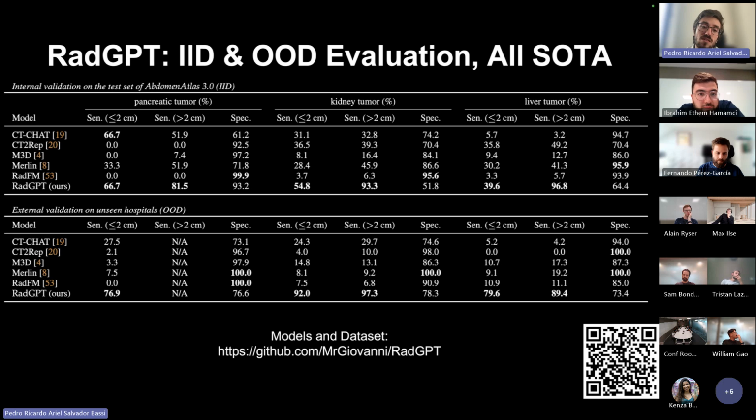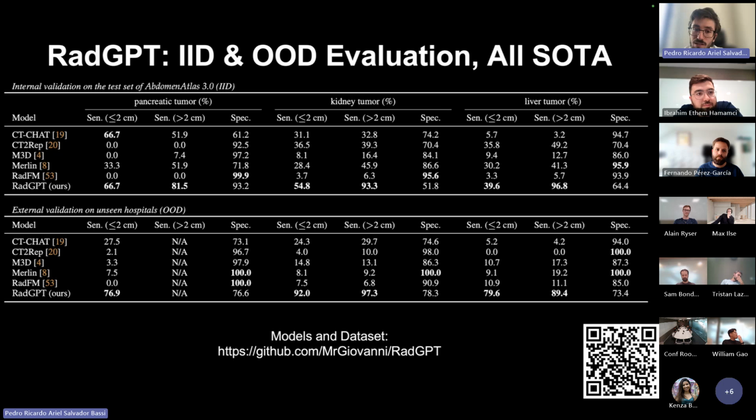And what we see in these results is we have two test data sets. The first one is IID, meaning it's a random split of our AbdomenAtlas 3.0 data set. And the second one is evaluation in an external hospital, so a hospital that was never used for training, so OOD evaluation. And what we see is that in both cases, RadGPT surpasses the state-of-the-art in finding the tumors.